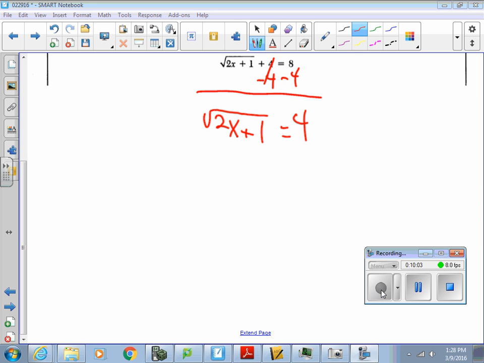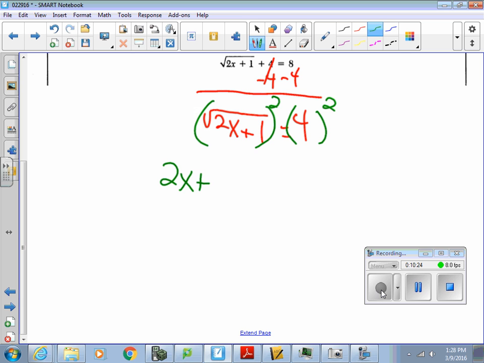All right, the next thing you want to do is the inverse. How do you undo a square root? Well, you square it. Remember, square root is the second root, so we're going to raise it to the second power. We're going to do that to both sides, and that is going to get rid of these square roots.